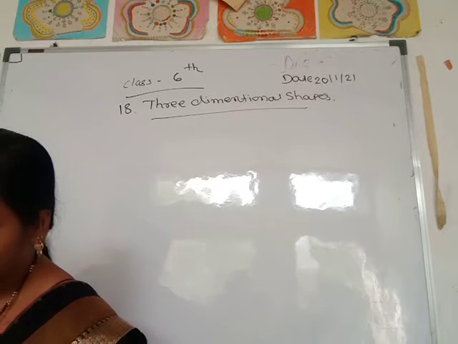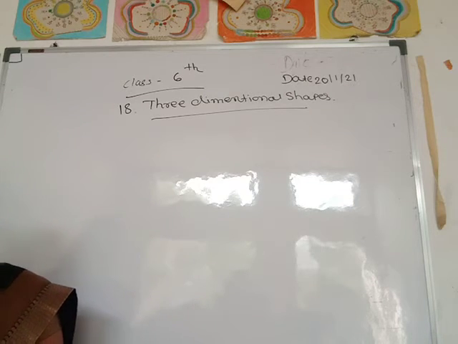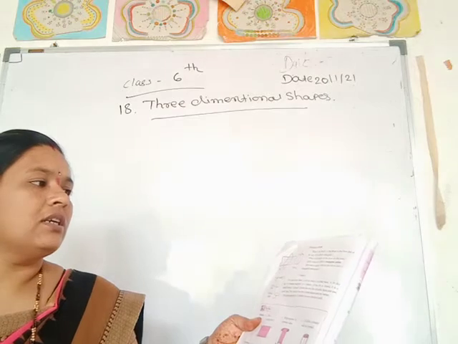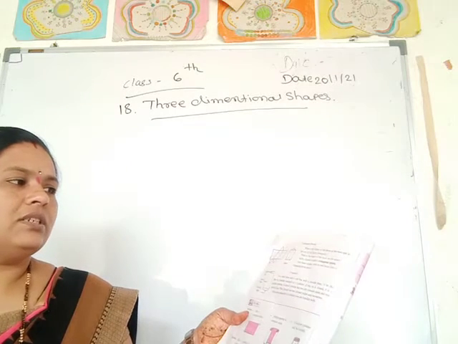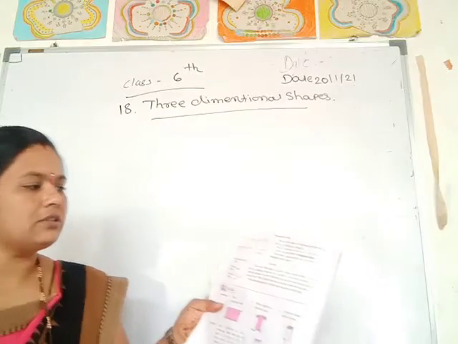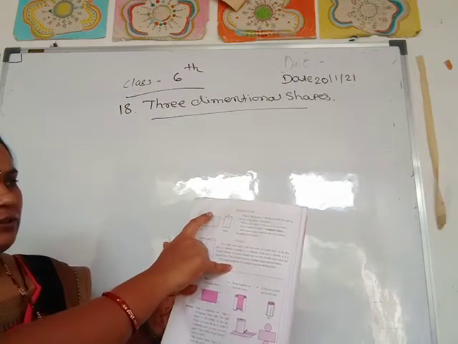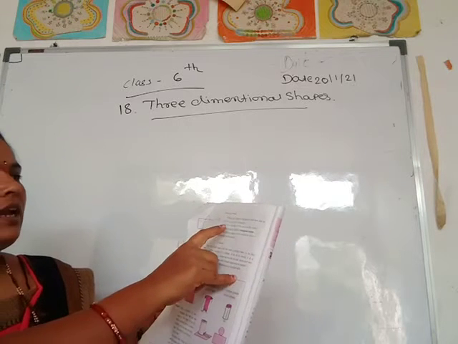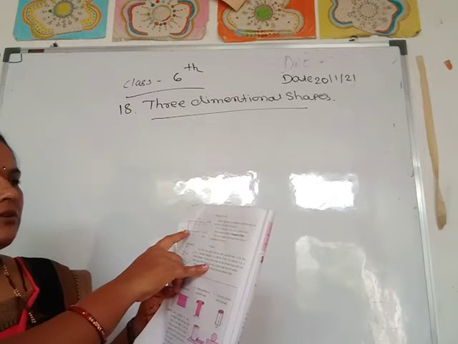Then next, see this figure, the triangular prism. What is the shape of the faces at the base and the top of this figure? What is the shape of the faces on the sides?